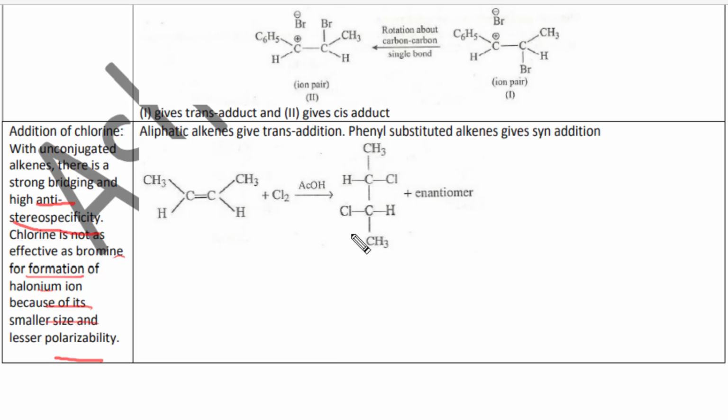So the polarizability is less. And so aliphatic alkenes give trans additions in case of chlorine, and phenyl substituted alkene gives syn addition. That is what we have seen just now in the above case.